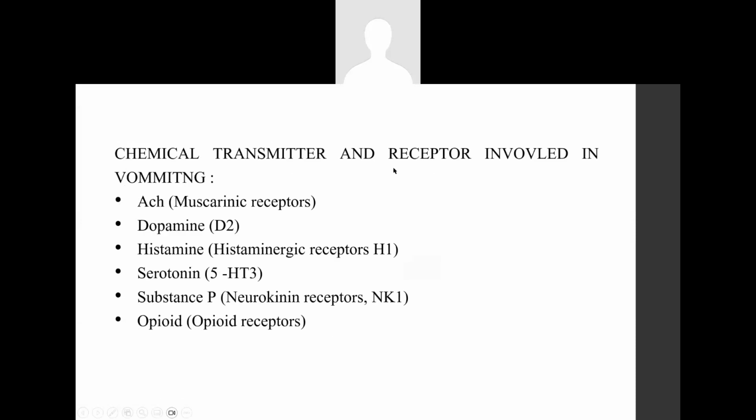So the drugs used for treatment of nausea or vomiting must act on the receptors involved. They deal with the muscarinic receptor, dopamine receptor, histamine receptor, serotonin (5-hydroxytryptamine), and substance P or opioid receptors.